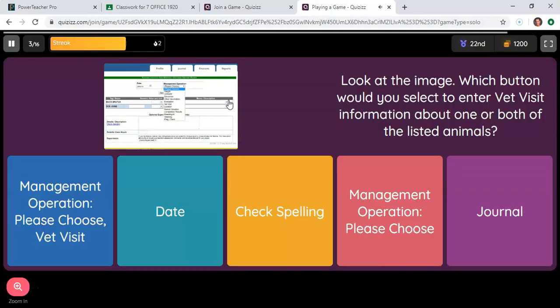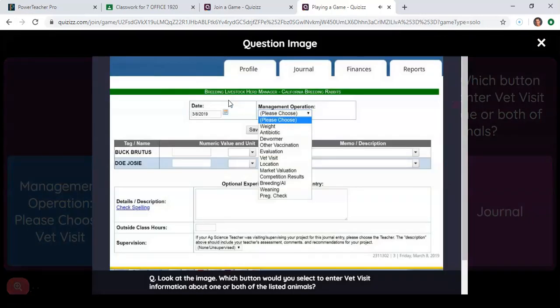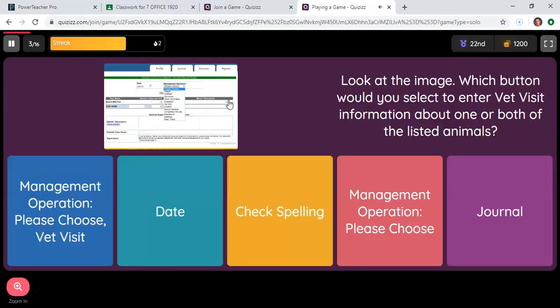Which button would you select to enter vet visit information about one or both of the listed animals? Well, we would select management operation. Please choose. And then it's a vet visit. There it is right there.